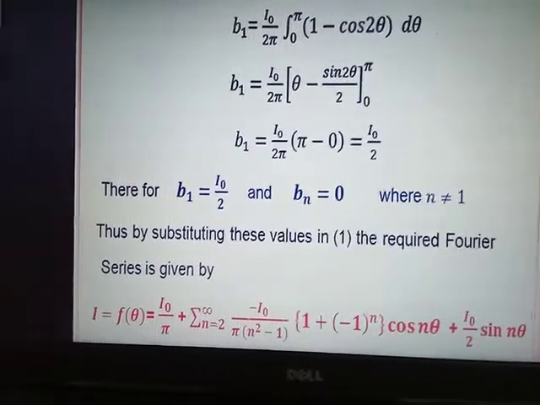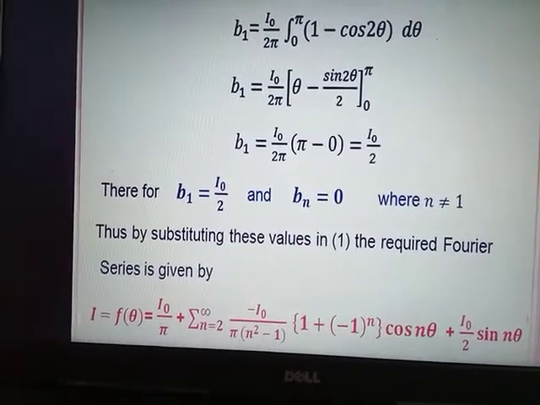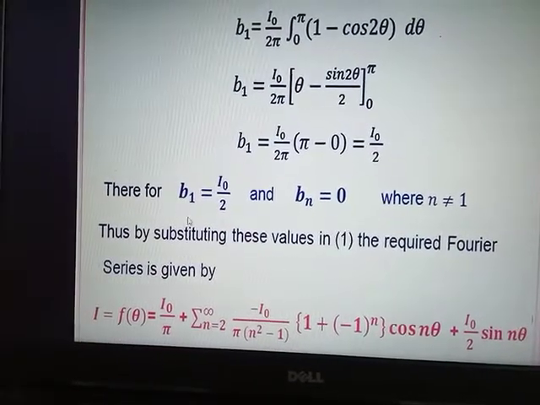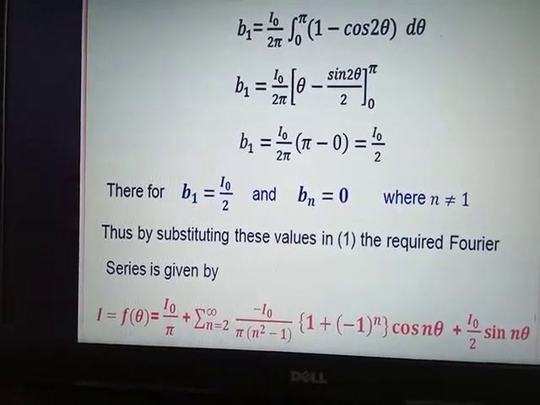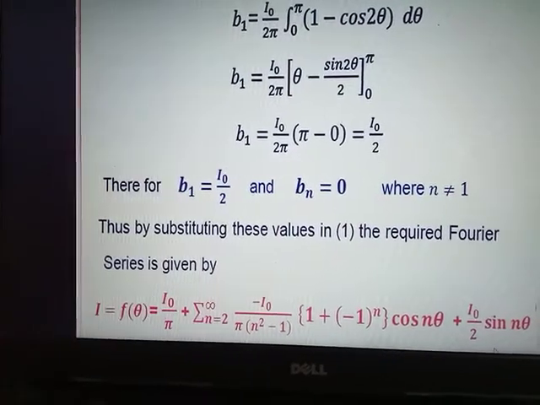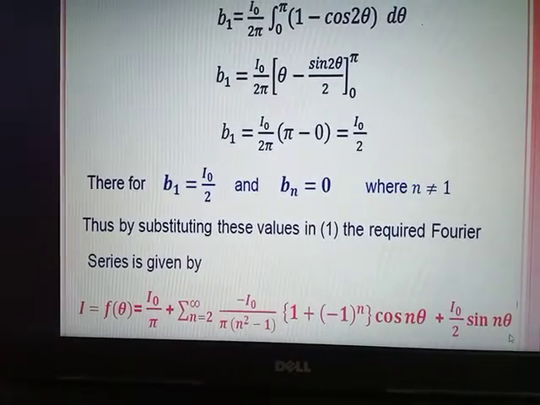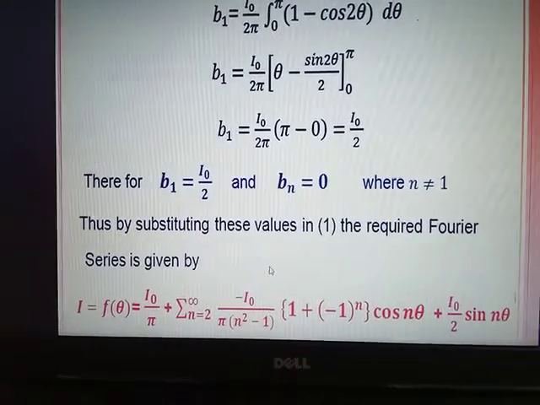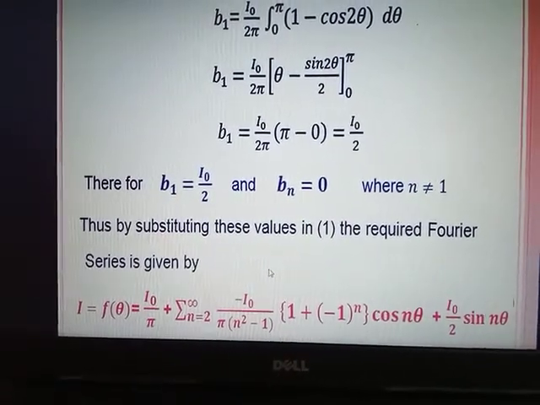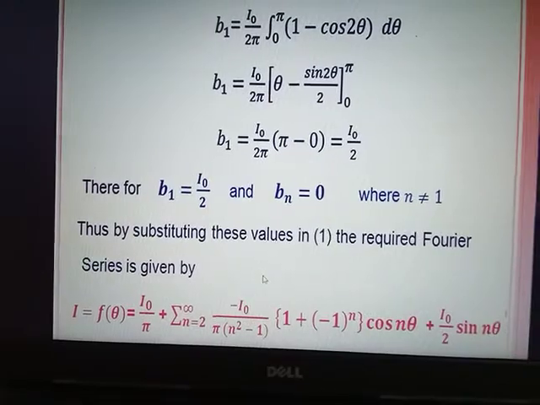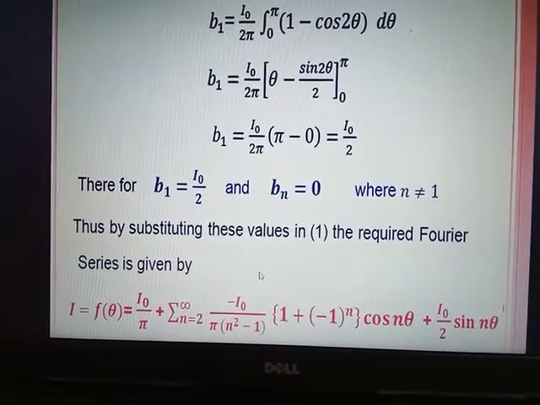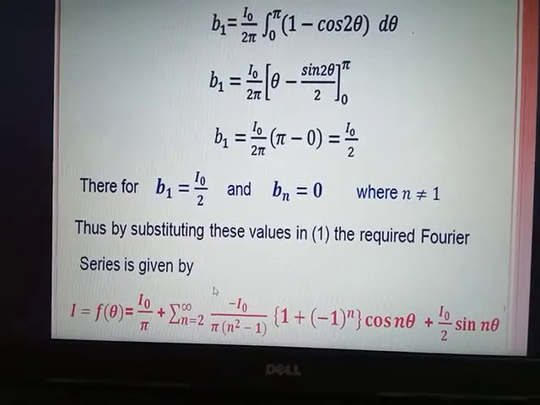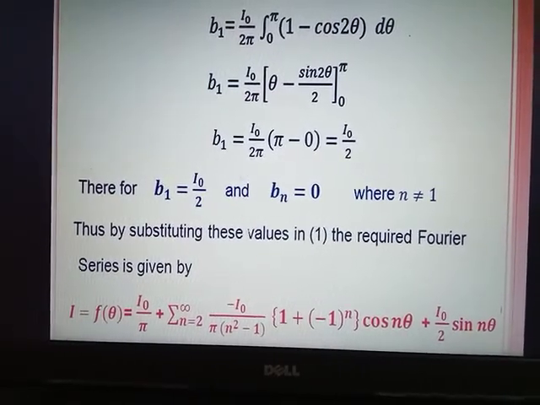Here a1 value is 0, then plus Bn value is 0, only we have to specify B1, that is I naught by 2 sin theta. This is the Fourier series for the given function, when I is equal to I naught sin theta, where theta lies between 0 to pi, and this is 0 when theta lies between pi to 2 pi. This is the Fourier series.